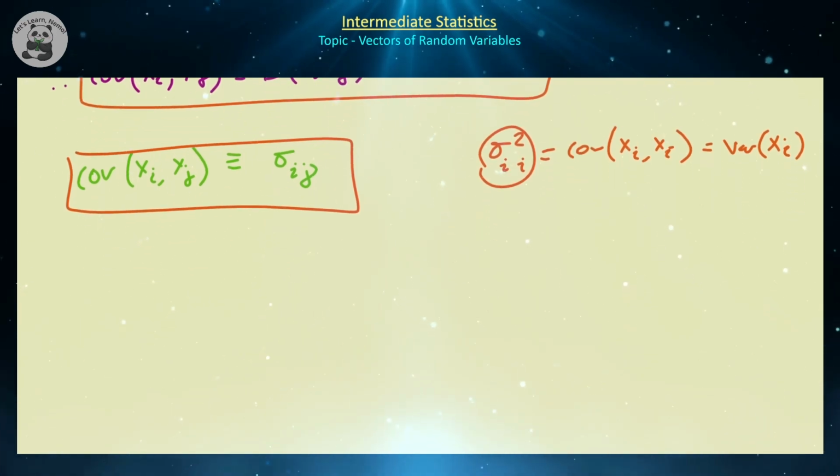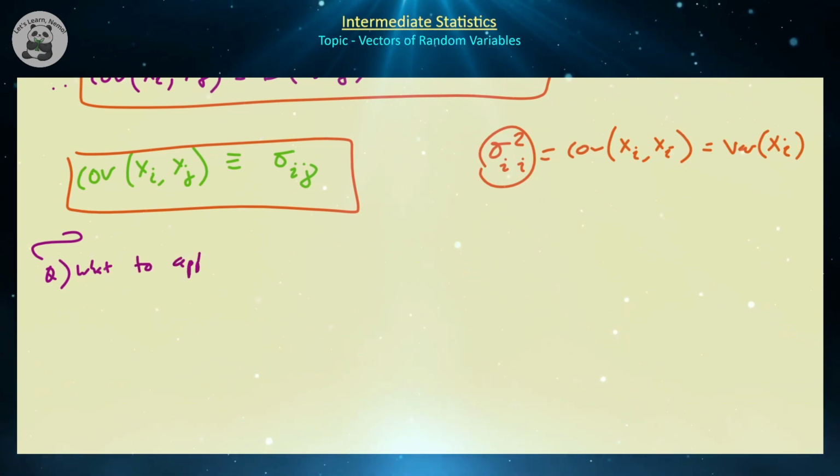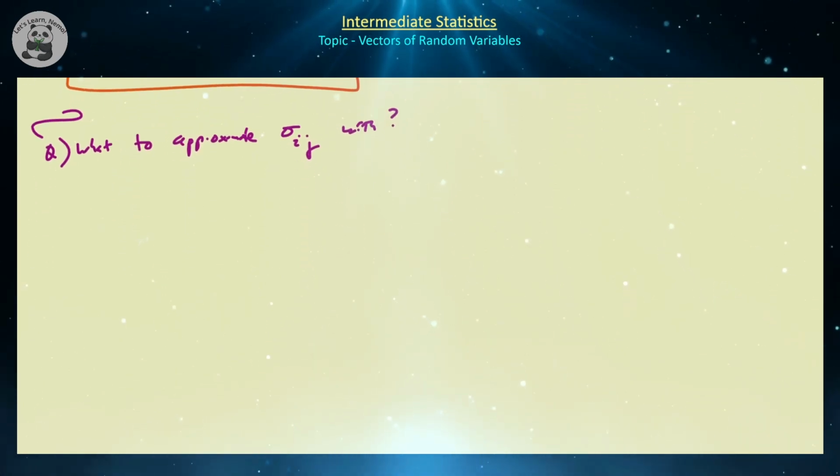So, question: what to approximate sigma ij with? That is, what are we going to approximate the population covariance between random variables xi and xj with? So obviously a good choice will be the sample covariance between variables xi and xj.